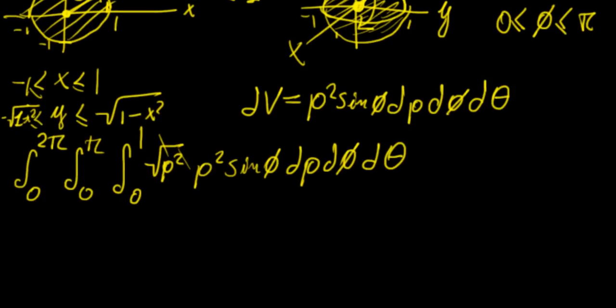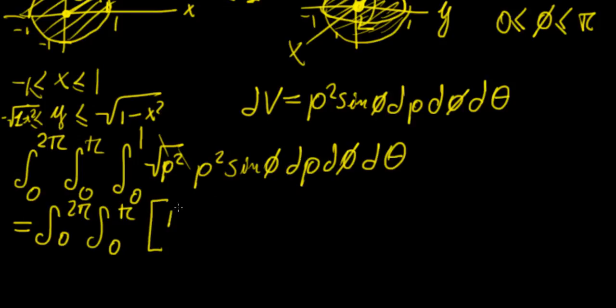So now that we have that, we can actually begin to integrate this. The first integration is going to be performed with respect to rho. So we're going to have 0 to 2 pi, 0 to pi. And now we're going to have rho to the power of 4 over 4, because rho squared times rho is rho to the power 3 before we integrate, and then times sine phi.